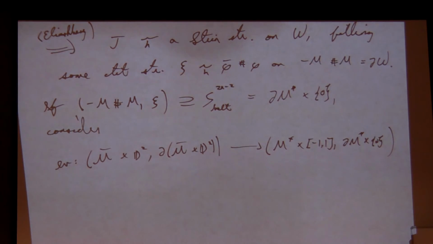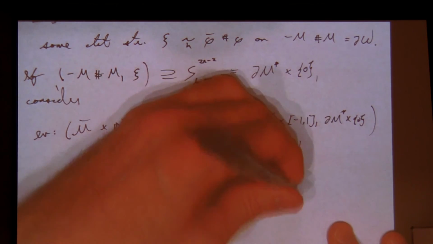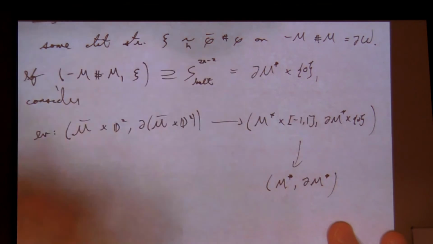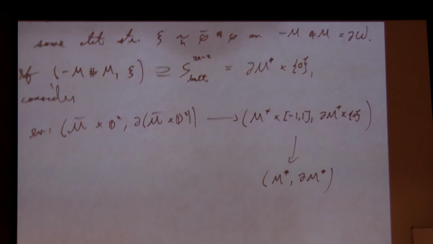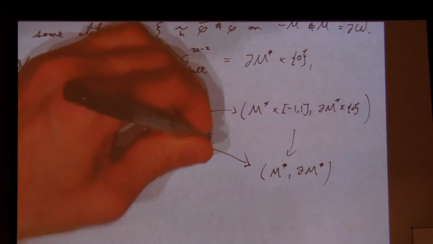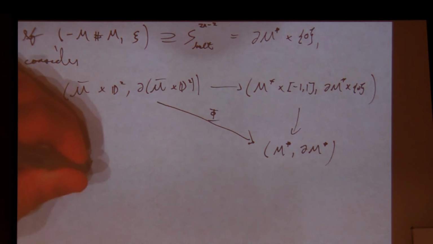So that's what I got from the main lemma, and it has certain properties like restricting to the boundary gives you a degree 1 map. Now compose that with the obvious projection, getting rid of the interval. We get a map to M star, comma, boundary M star. So that composition, let's call it phi, is now a map of degree 1.